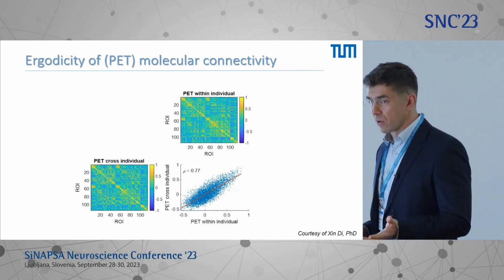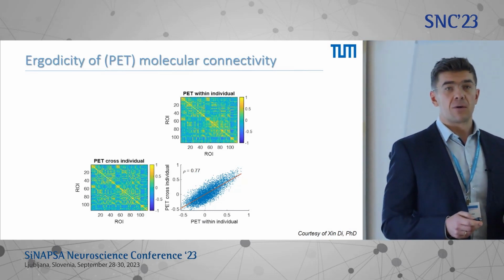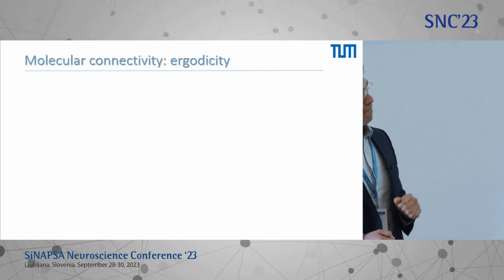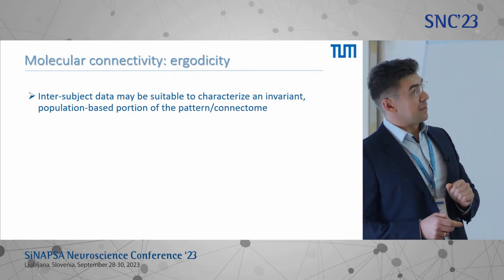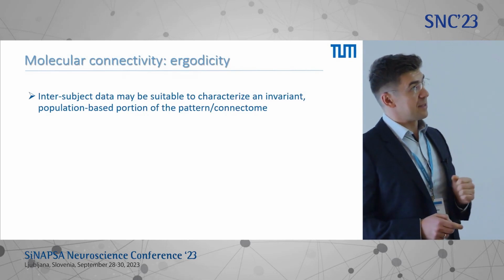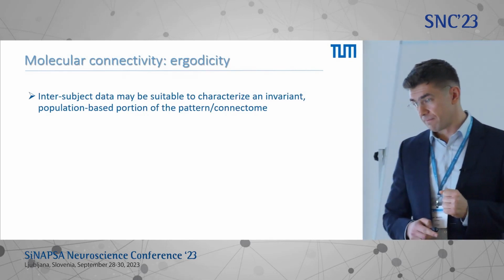So I think this data also proves that there is at least a substantial degree of ergodicity in PET data, in FDG PET data. And yeah, in my opinion, this inter-subject data may be suitable to characterize an invariant population-based portion of the connectome.